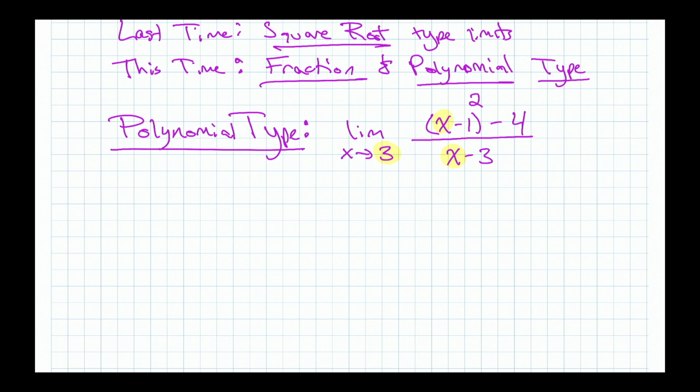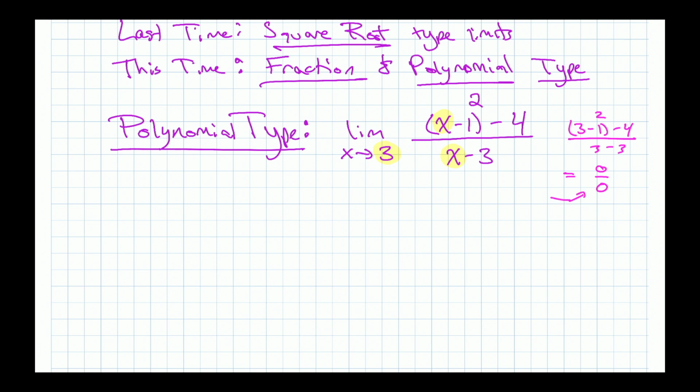No surprise, that's what happens on these hard ones to evaluate. So you put a 3 in, you get 3 minus 1 squared minus 4 over 3 minus 3, which is, when you work it out, 0 over 0, right?